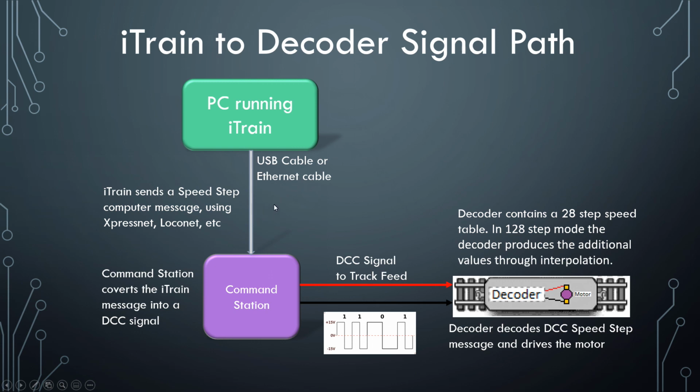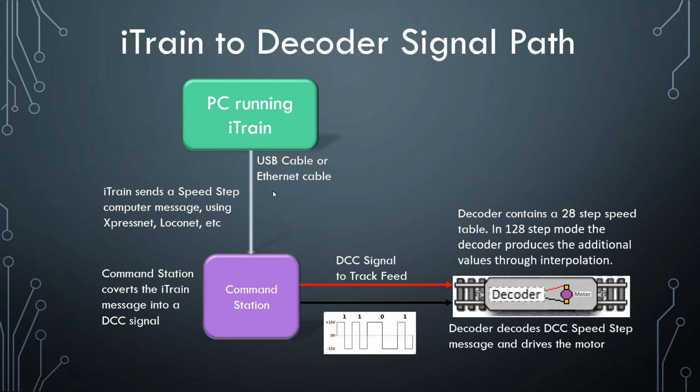USB cables are relatively slow at sending and receiving data here. Therefore, if a lot of data needs to be transmitted, there's potential here for a bottleneck. iTrain tries to reduce the potential for bottlenecks by using a larger step size so that the intermediate steps are not used and therefore less data is being sent.